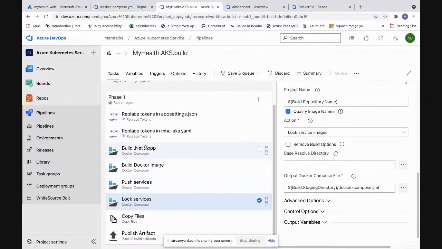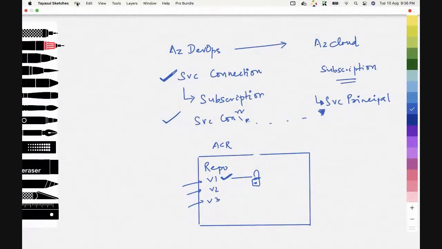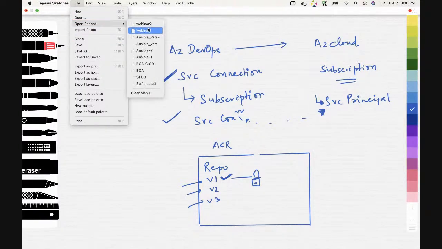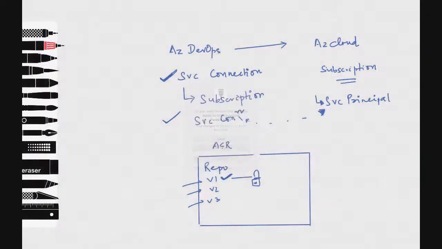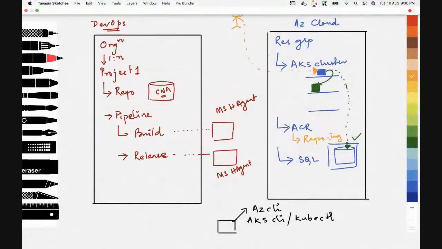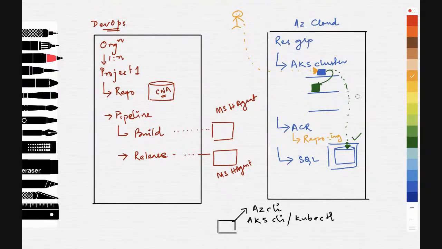Now, these images are produced and the image is pushed to the container registry. Now I'll bring back my first picture, which we had discussed. So here we have basic things.